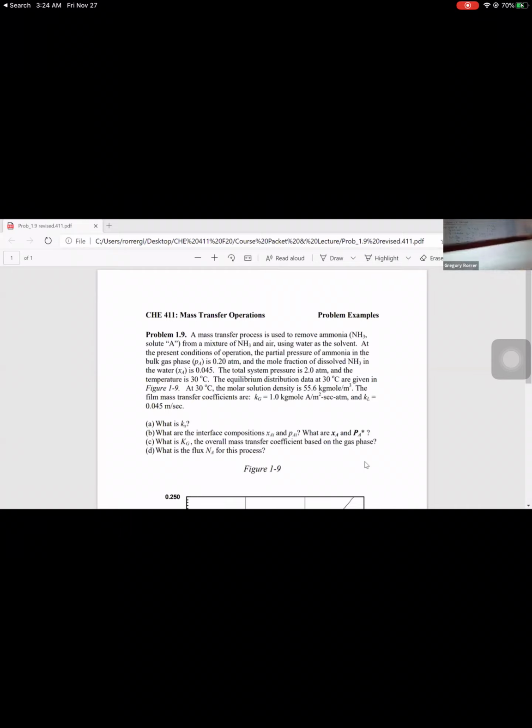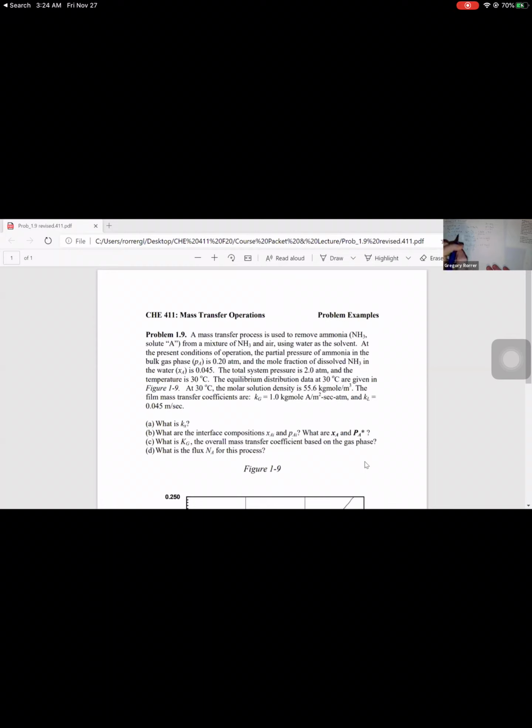Now, part B asks, what are the interface compositions XAI and PAI, and XA star and PA star?